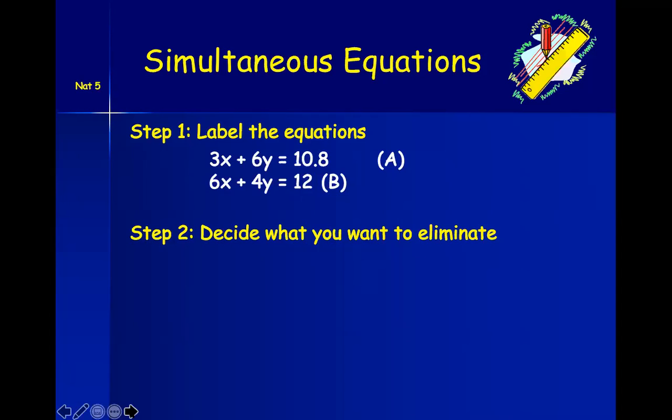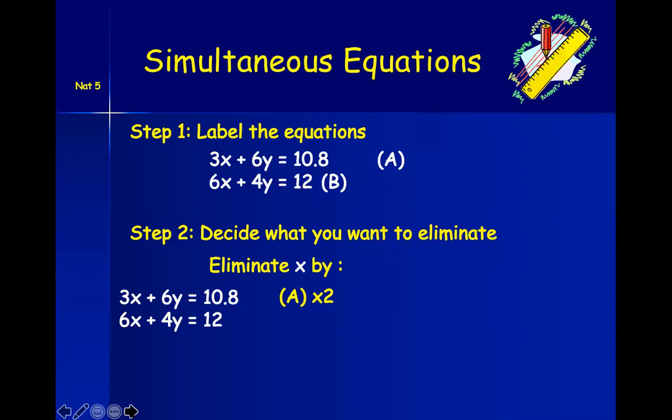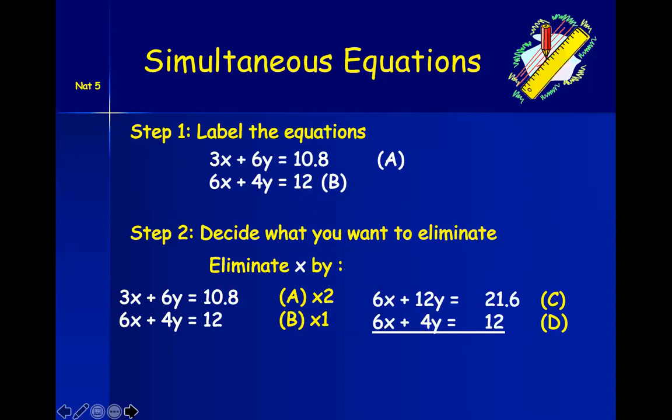To make the top 6x, top times by 2, and that would be quite straightforward. So you can say I'm going to do A times 2, and I'm going to leave B the way it is, which is B times 1. So you get your 6x plus 12y equals 21.6. This time, remember, you need to double this side as well. And 6x plus 4y is 12.